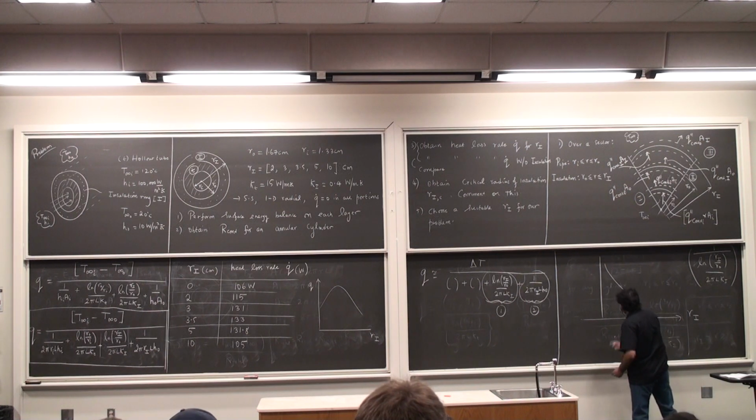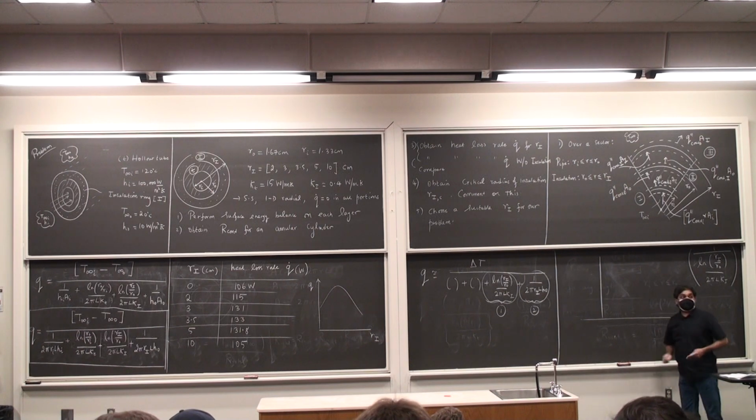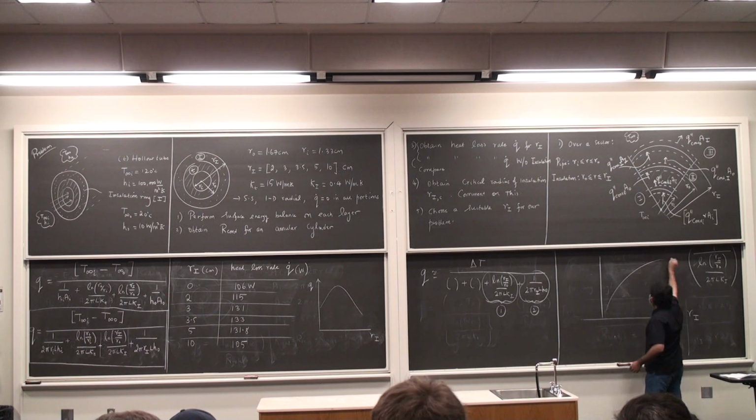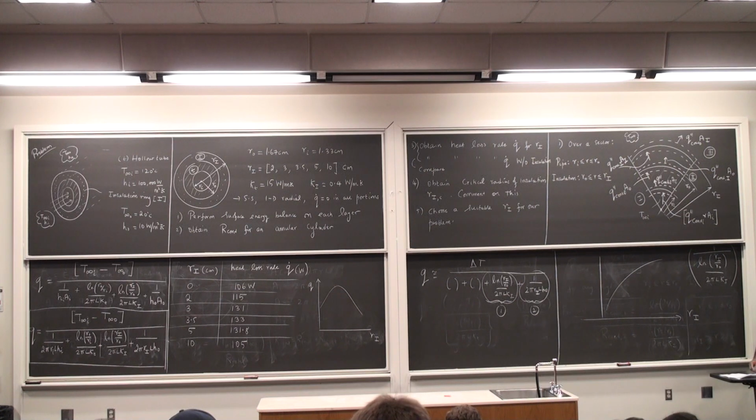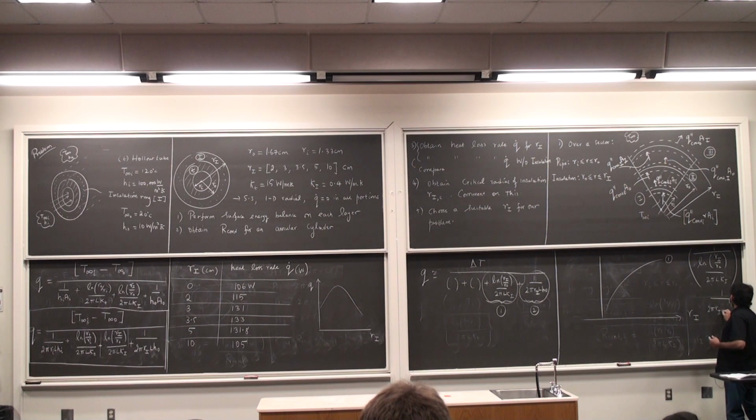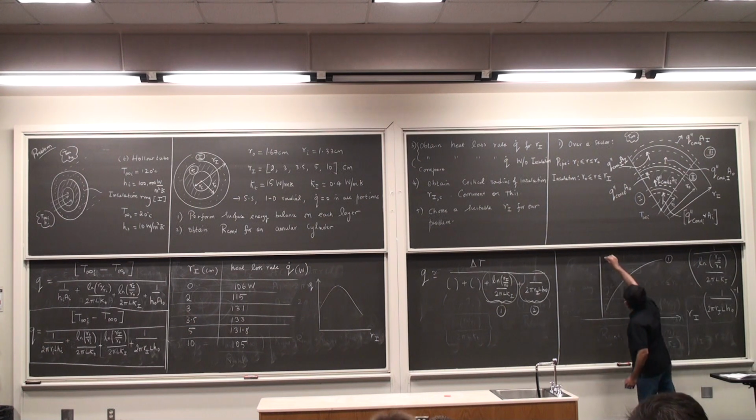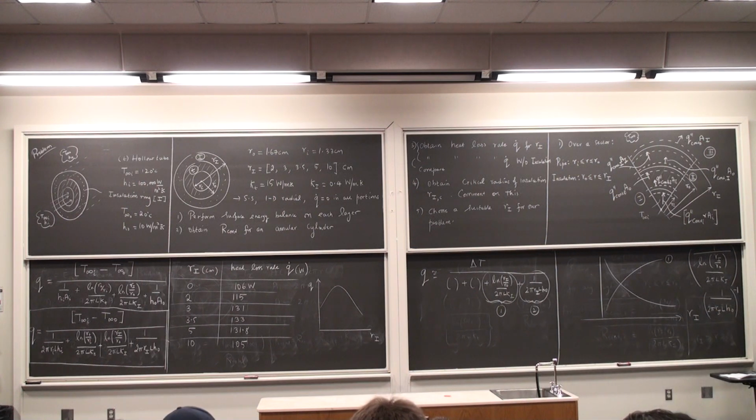This is the logarithmic profile. This is term 1. If I look at term 2, which is 1 by 2 pi Ri L H naught, if I plot it, its behavior is going to be this way. This is term 2.